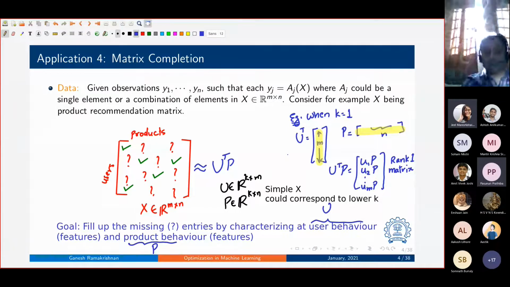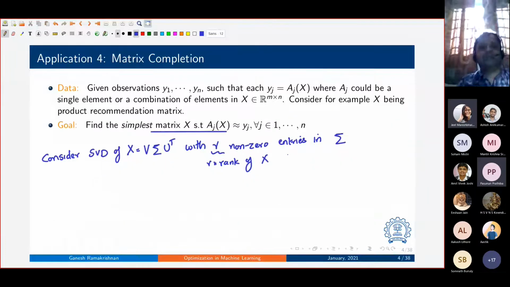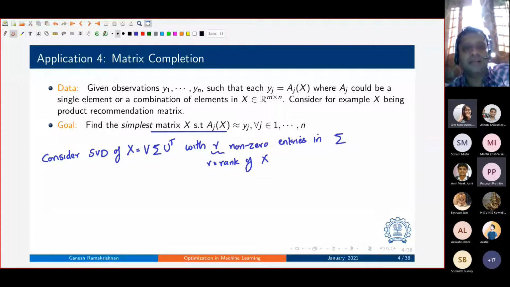So I want the simplest matrix X. Now the rank of the matrix that you're trying to reconstruct, if you want, you can just use K as R. It doesn't really matter here, but in general, you might want to keep them separate. So let's say K, just to be consistent with our previous notation.